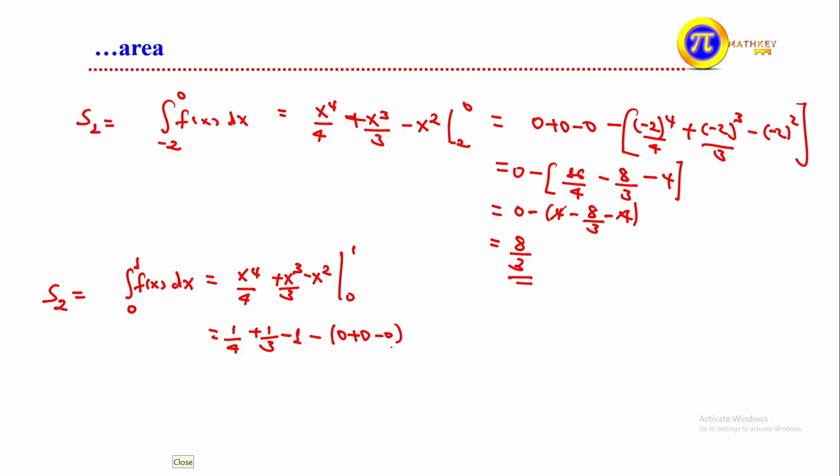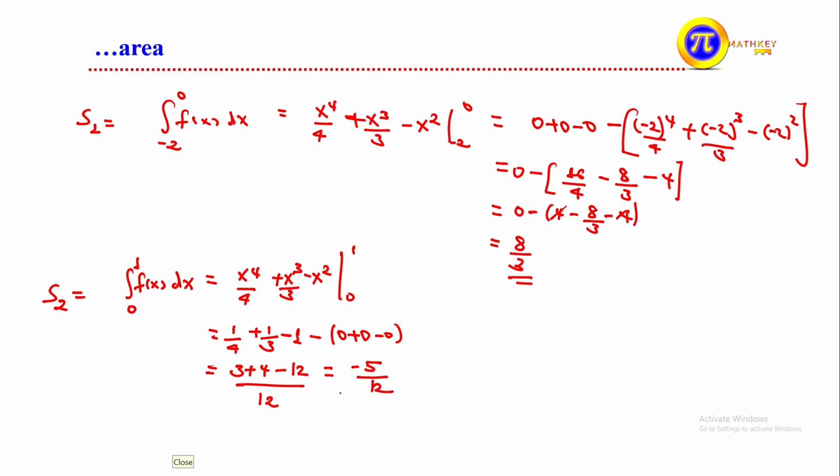Since it is 0, it doesn't change the value. The LCM here is 12. So 1 times 3 is 3, plus 1 times 4 is 4, minus 12, all over 12. This equals negative 5 over 12.